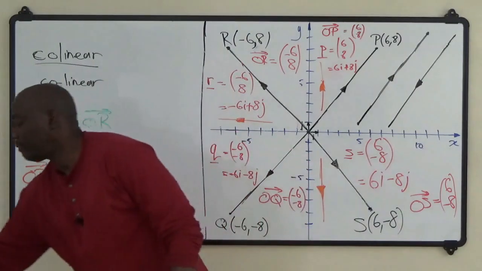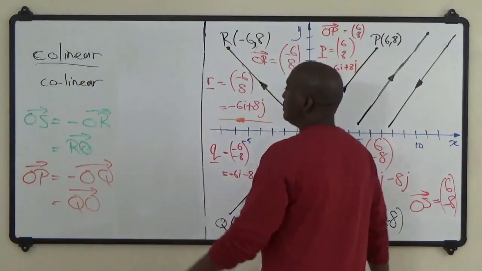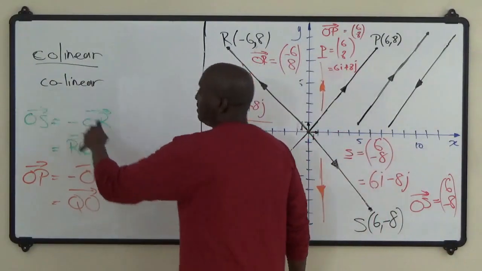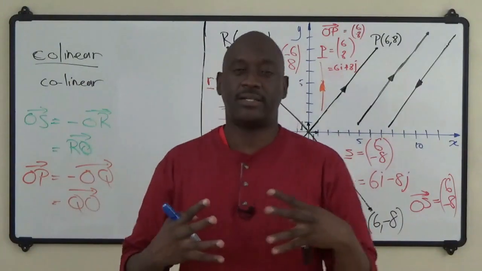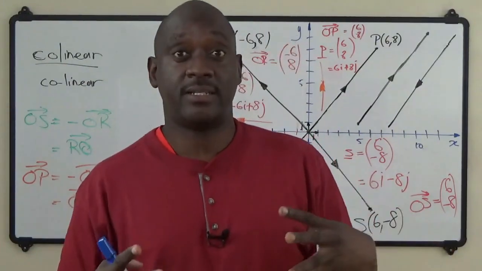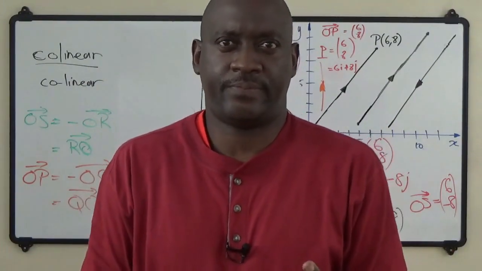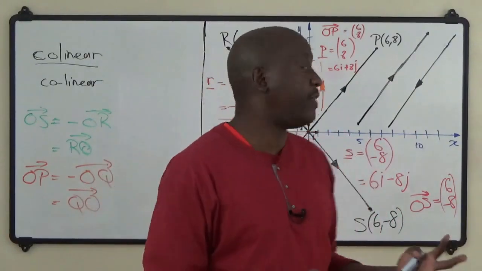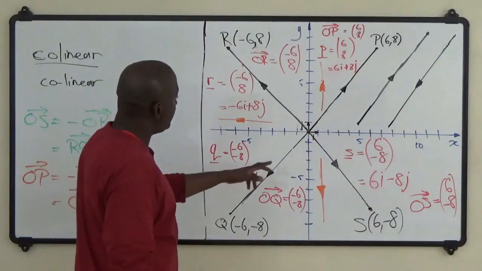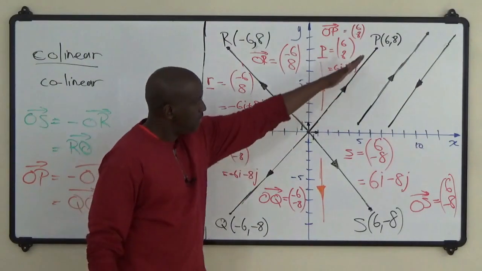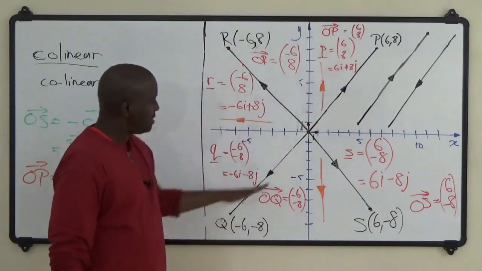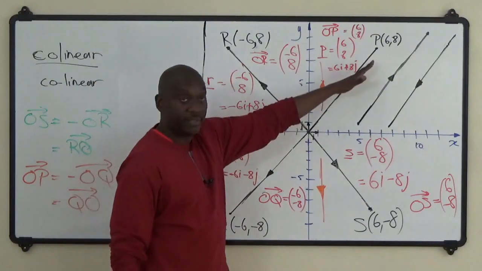Okay. As the name implies, collinear means that the two vectors are on the same line. So again, you see the intersection of vectors and your coordinate geometry. You can't avoid that. That is unavoidable. So even in a case where the directions are opposite, if the direction is opposite, it means that the gradient of the line is the same.